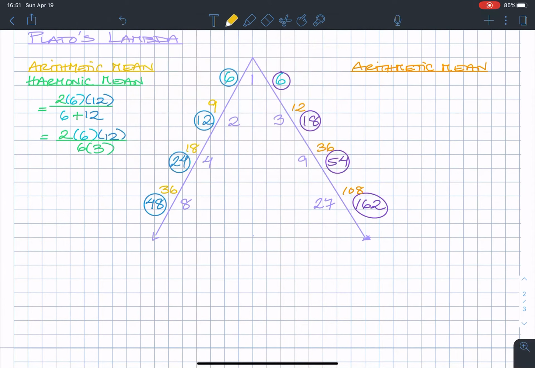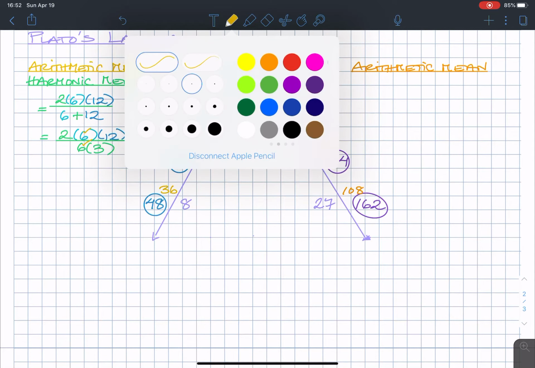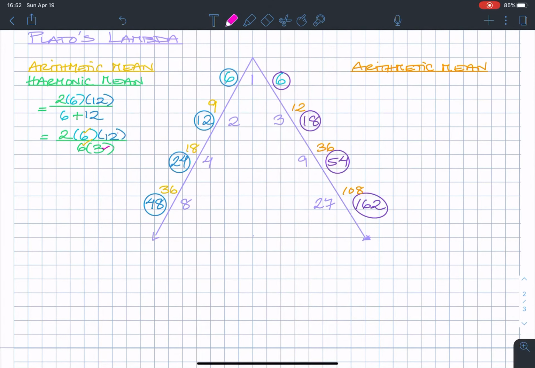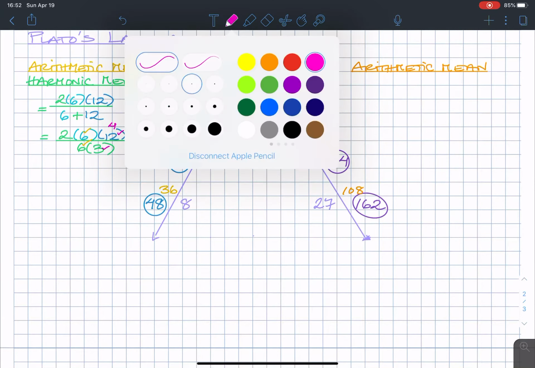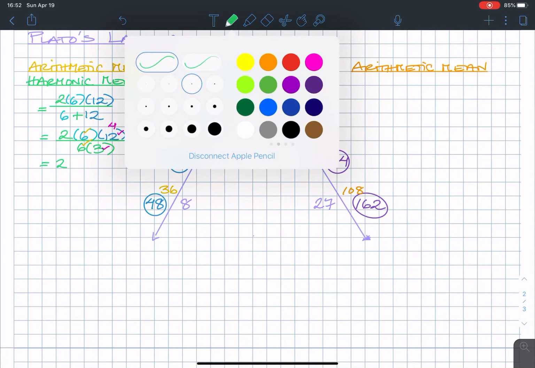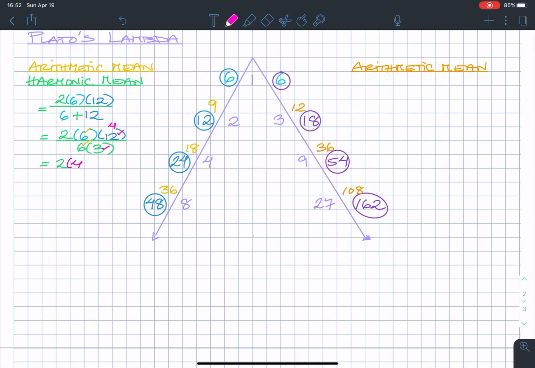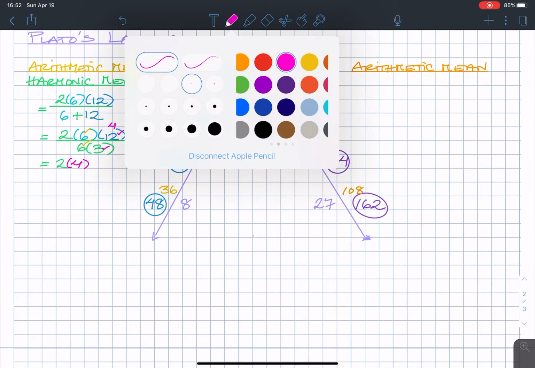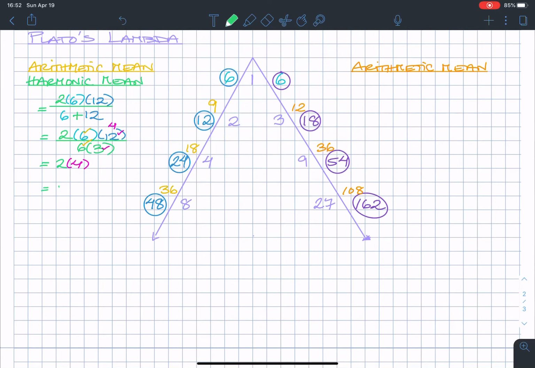So I know 6 goes into 6, that'll reduce. And I know that 3 goes into 12 4 times. So I end up with 2 times 4, or 8. Okay, so the first harmonic mean on the left is 8.